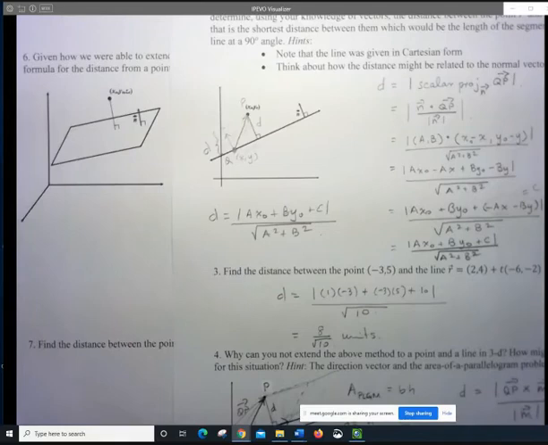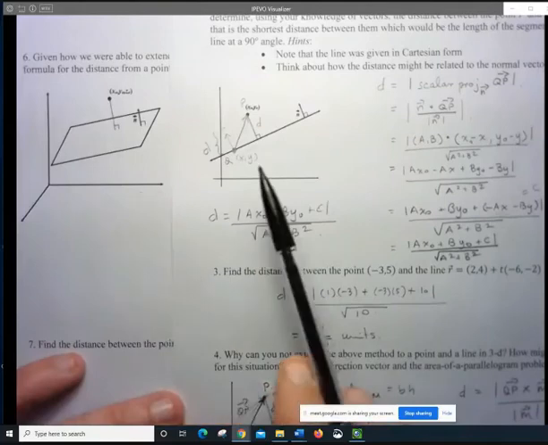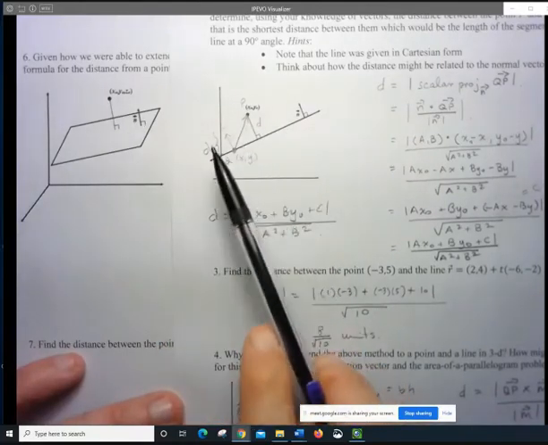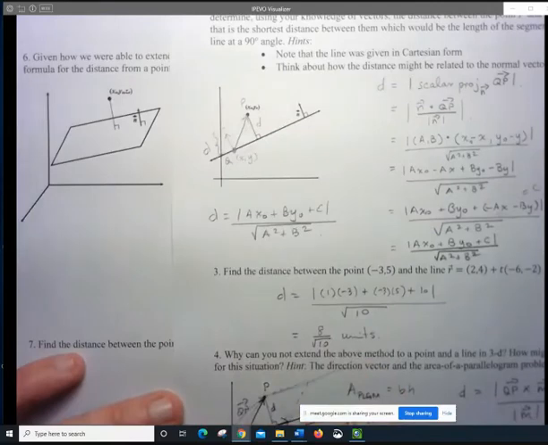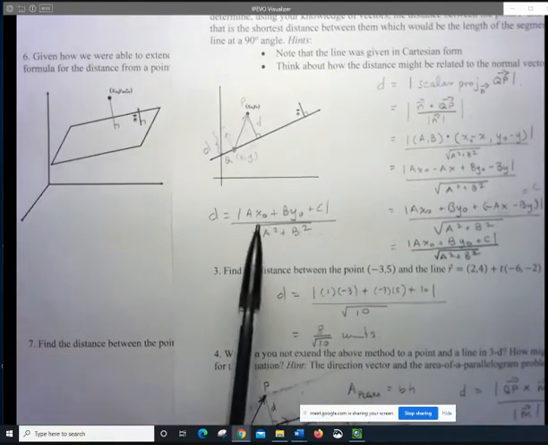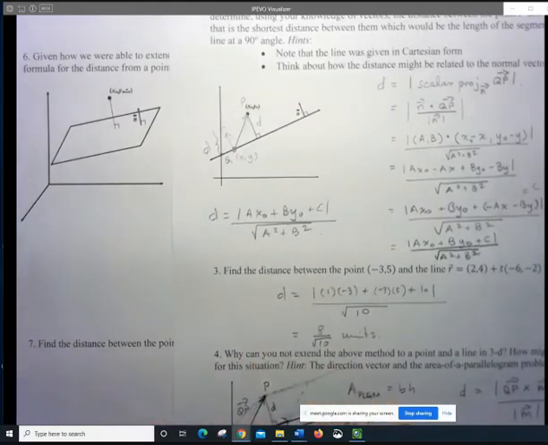You should be able to do the exact same thing with the distance from a point to a plane instead of just the point to a line. Since we're running a bit out of time, I'm going to leave you a little bit of time here to try to start the formulation yourself. I think you can probably guess what the final formula is going to look like, but I would like to give you a little bit of time to work on that.